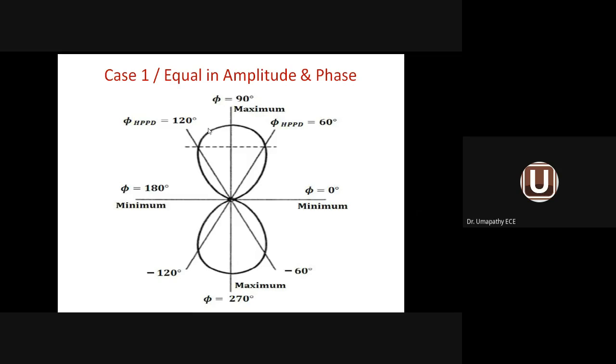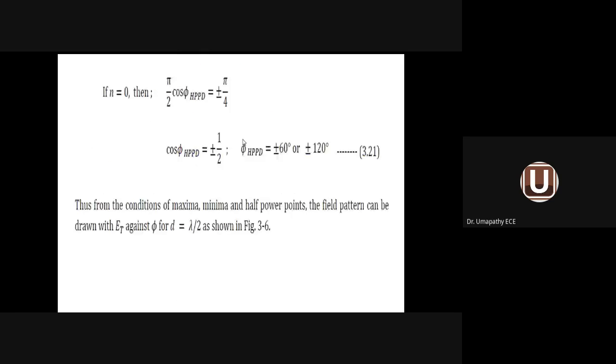So you are getting a figure of 8 in the vertical direction. So where is your maximum direction? Maxima is at 90 and 270 degrees. Minima is at 0 and 180 degrees. So whatever angles we come across for maxima and minima will be opposite for n-fire array. I will show the diagram for n-fire array.